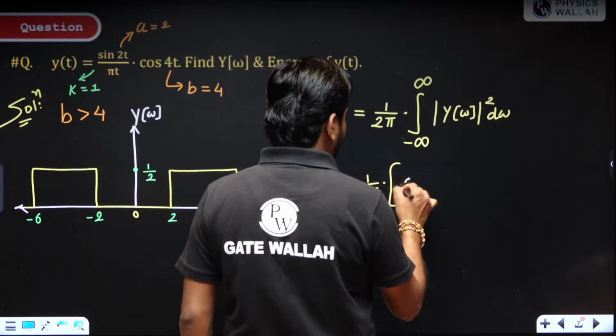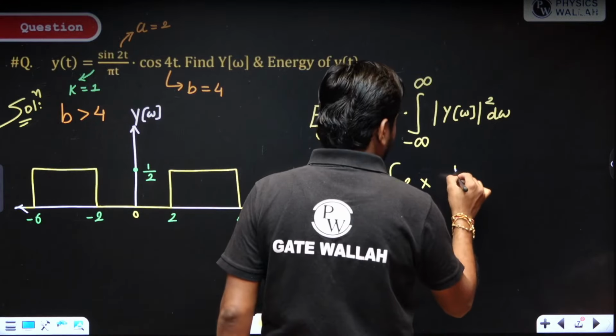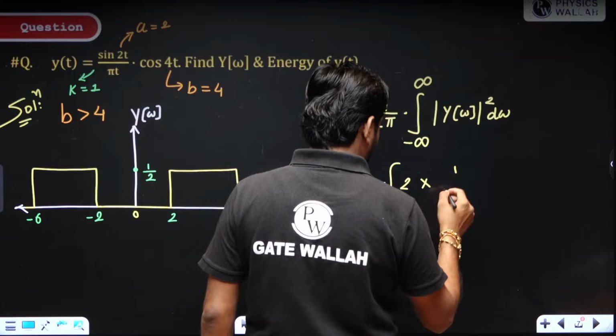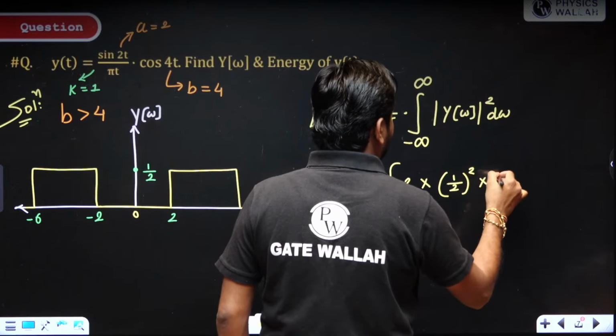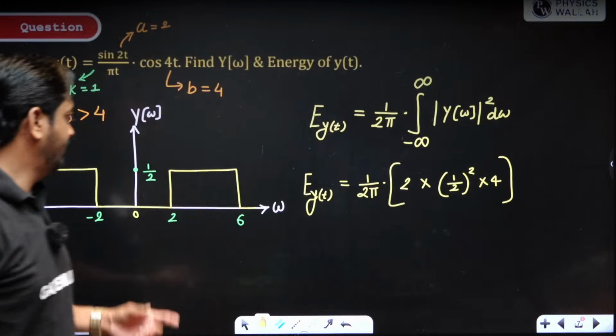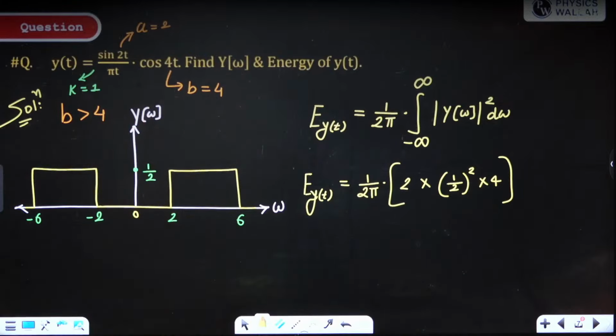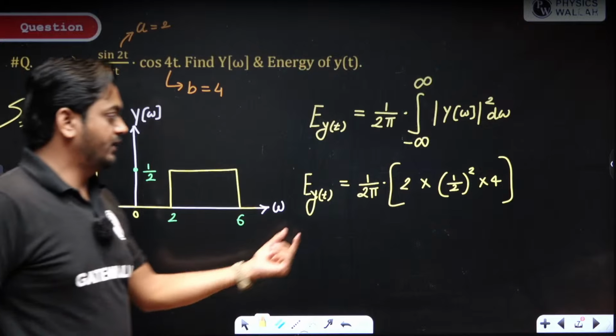So 2 times the peak value square, that is 1 by 2 square. The energy of a rectangle function is peak value square into width. Width is 4. 2 times, because there are 2 rectangles having the same width and the same amplitude. Don't forget 1 upon 2 pi.